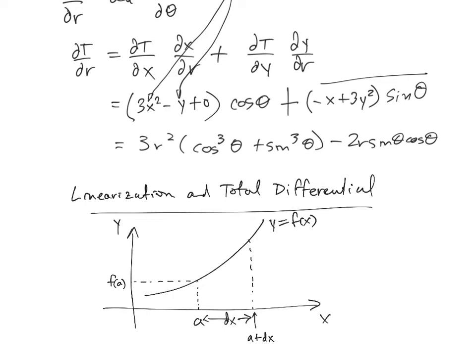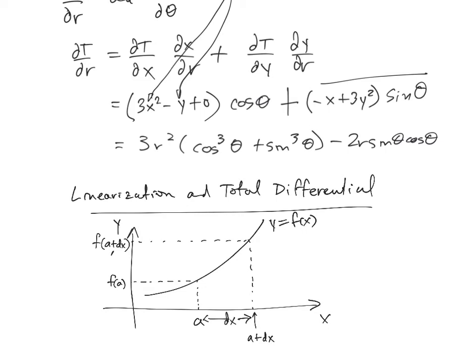Well, I can just put that new x value into my function, and I would get f at a plus dx, right? x is equal to a plus dx. So I can say, okay, if I change x by dx, in order to see how much my function changes, I just calculate the function value at an x value of a, and I calculate the function value at an x value of a plus dx.